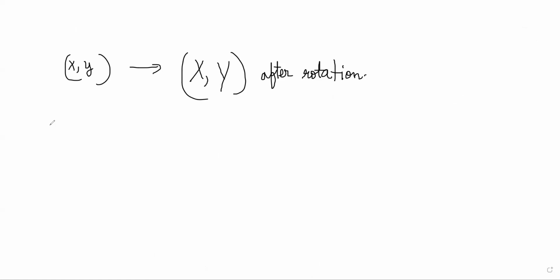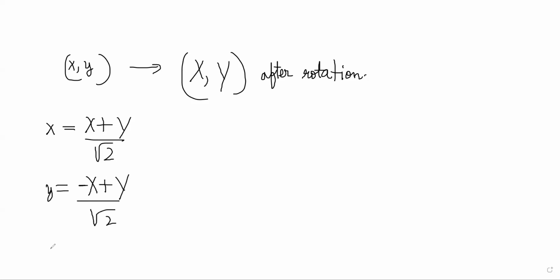So the equations connecting these variables are x is equal to (X plus Y) by root 2 and y is equal to (Y minus X) by root 2. If you don't understand how to do rotation, check out the videos in the playlist. We might cover it later when we do straight lines again.